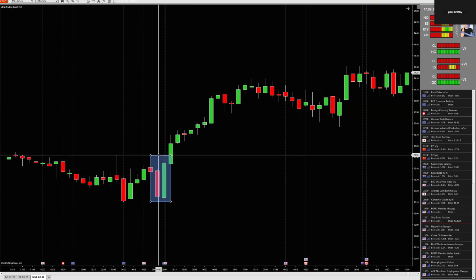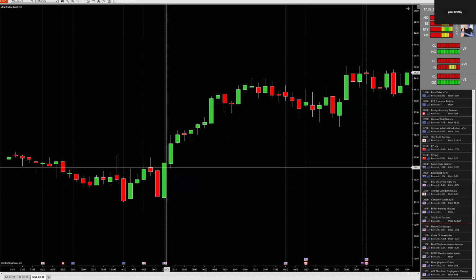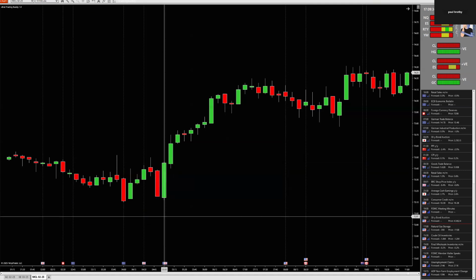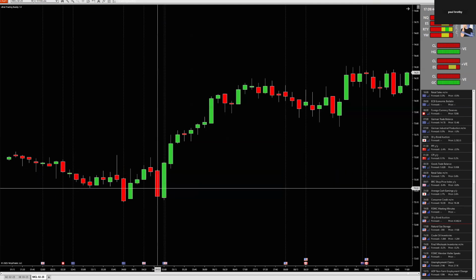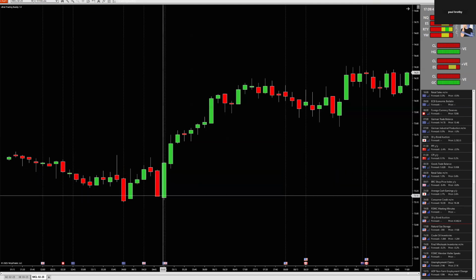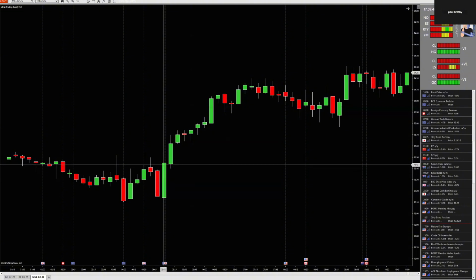Okay, let's get rid of that. So now we understand that we moved down into data, we gapped, we moved back up, we closed at this 10-minute, that's bullish engulfing. I understand that behavior. There's a bullish sentiment there now. Why was that? Because we had the data.